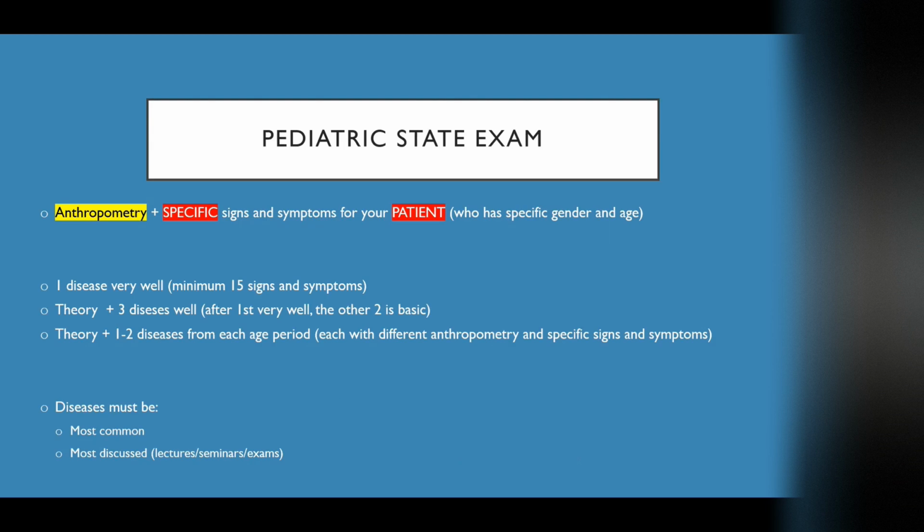For the pediatric state exam, what is different is that you will have to know your anthropometry. Anthropometry means the values of your body, like height, weight, and how they change as well, so the growth rate. Anthropometry is a must, and it's different for every age period.